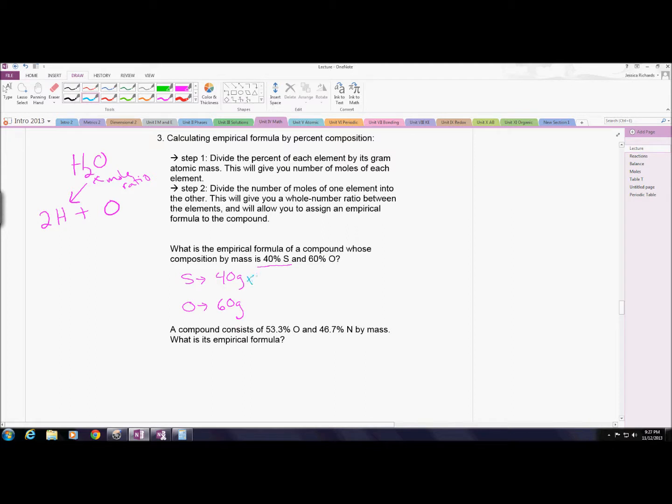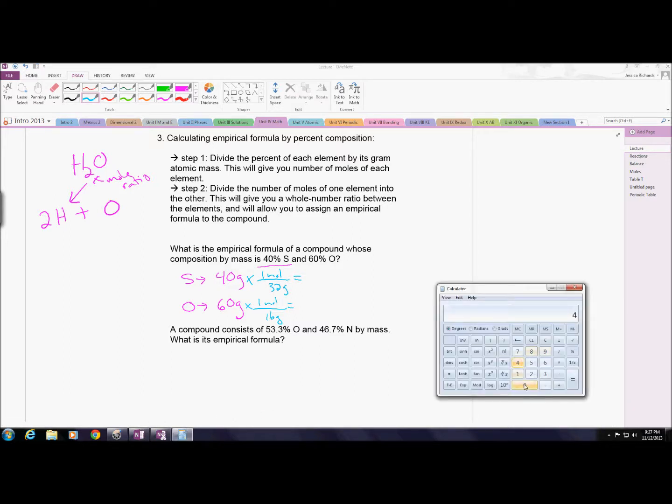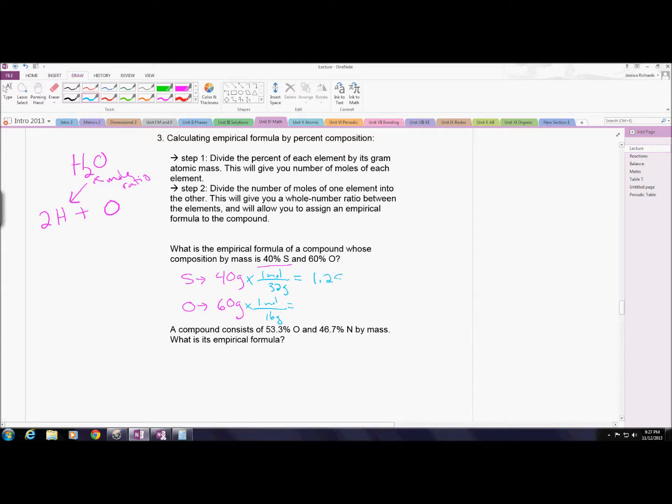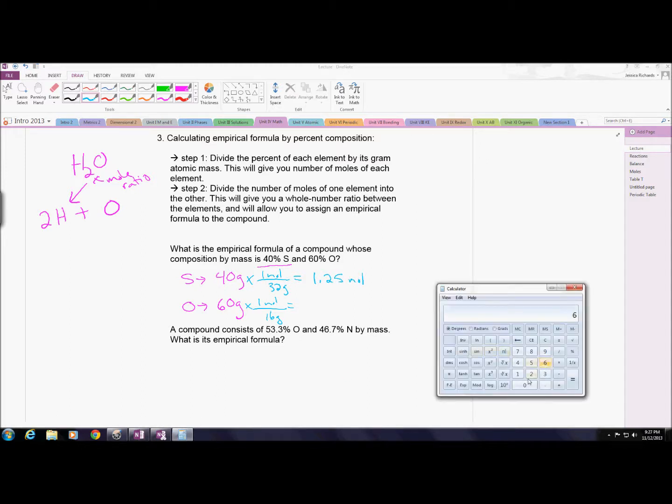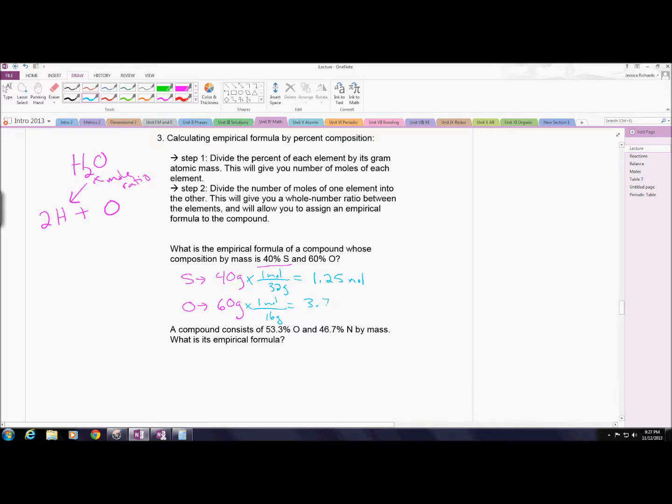So if for sulfur every 1 mole is 32 grams, and for oxygen every 1 mole is 16 grams, we're going to divide 40 divided by 32 gives me 1.25 moles, and then 60 divided by 16 for the oxygen gives me 3.75 moles, and that's my mole ratio.